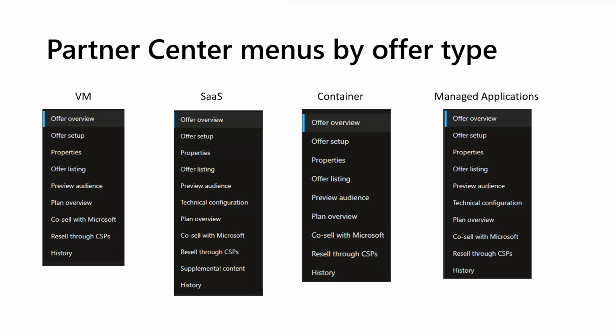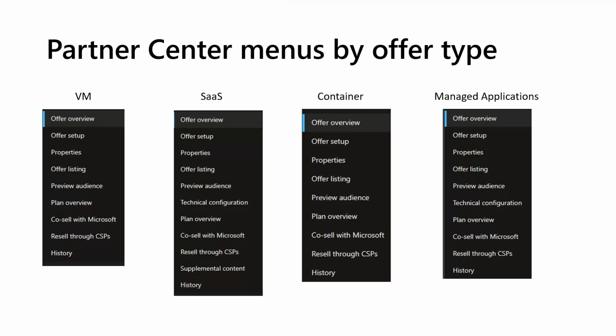Here we will take a look at the offer information you need to provide that is common to all Azure Marketplace offer types. These are snapshots of the menu for configuring each offer type in Partner Center. Now, as you can see, each offer type has sections that are unique to it, and some that are the same across offer types.